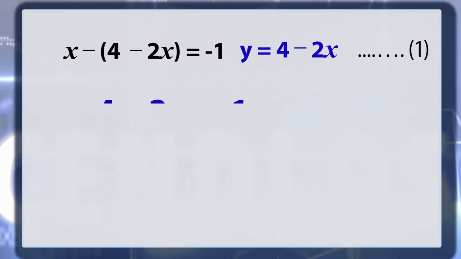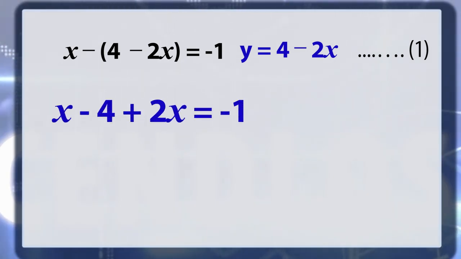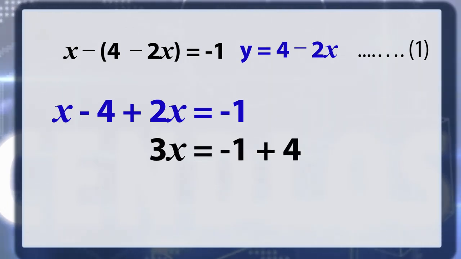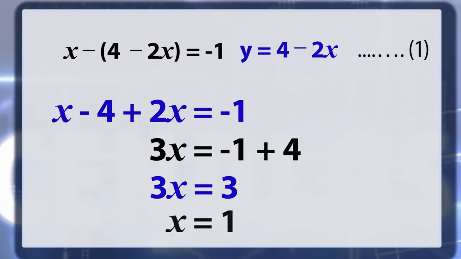So we put them together. We have x minus 4 plus 2x is equal to negative 1. And so putting the x together, we have 3x. And then we have 4 plus negative 1. And that will give us 3x is equal to 3, and x is equal to 1.